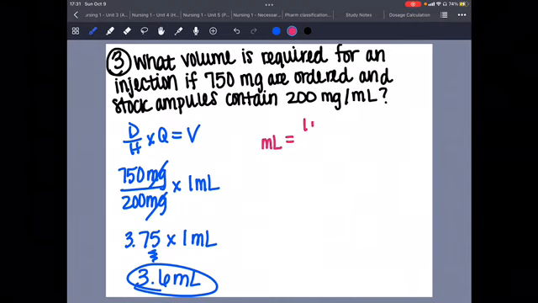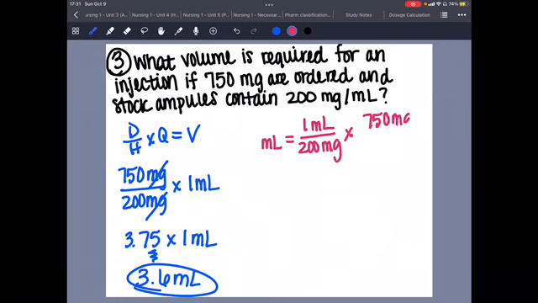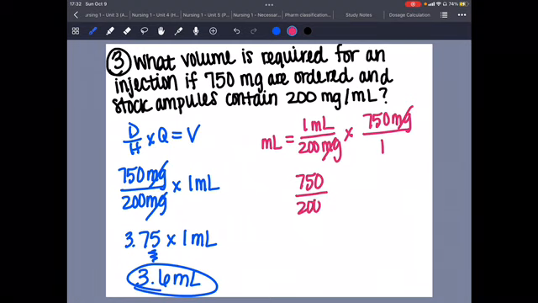All right, we're going to go the dimensional analysis route. So you got mLs. We got 1 ml over 200 milligrams. And then you're going to multiply, and on the other side, got 750 over 1. Cancel those out. So then you got 750 divided by 200.